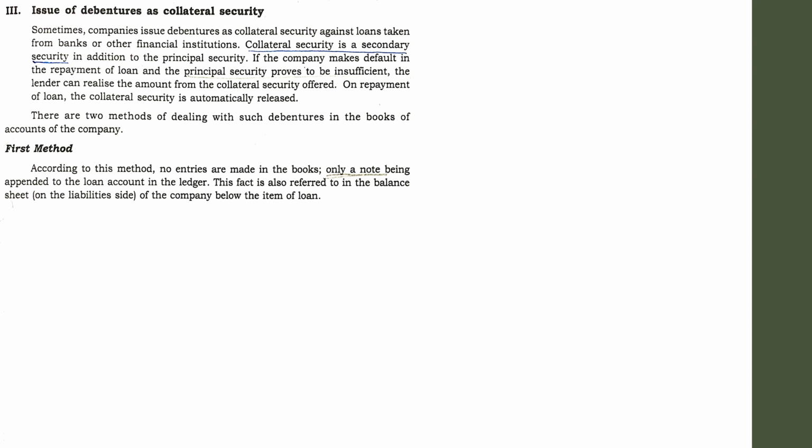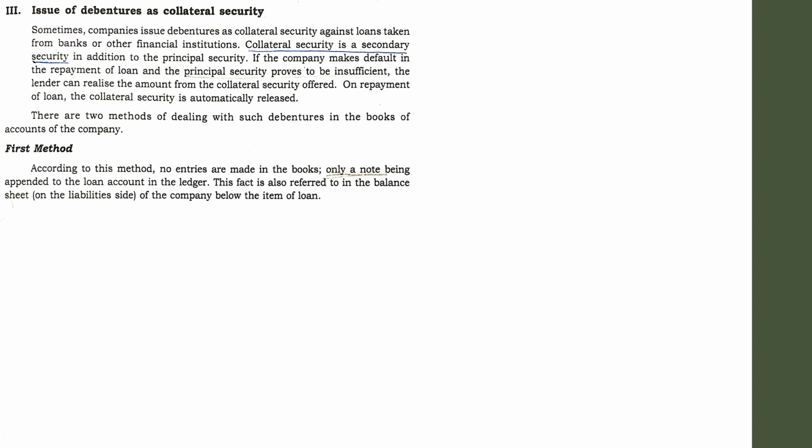At the end of that theoretical concept, whenever I repay that loan, they will release the collateral security. Releasing the collateral security means they will give back the debentures which were offered by me to the bank. So that is the concept. In net effect, after all these activities, there will not be much information in the accounting that has to be recorded.